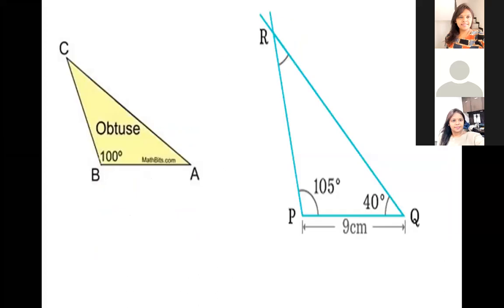Look here, this is the first yellow ABC. It's an obtuse triangle because the angle B is greater than 90. So you don't need to find all 3 angles.